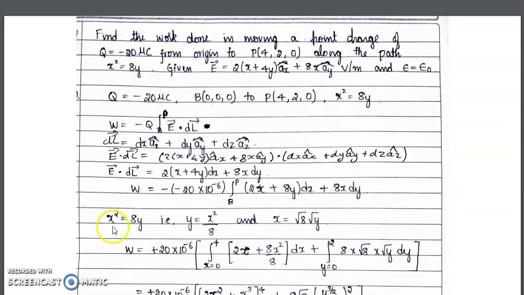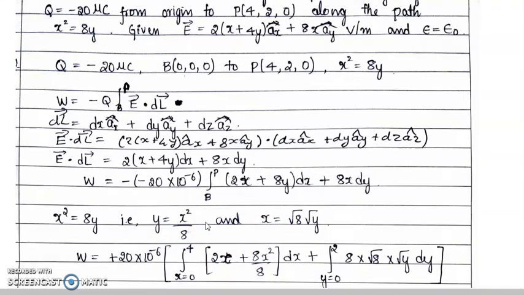From this equation I can write y is equal to x square by 8, and x can be written as root 8 into root y. So in the place of y, I will substitute x square by 8.